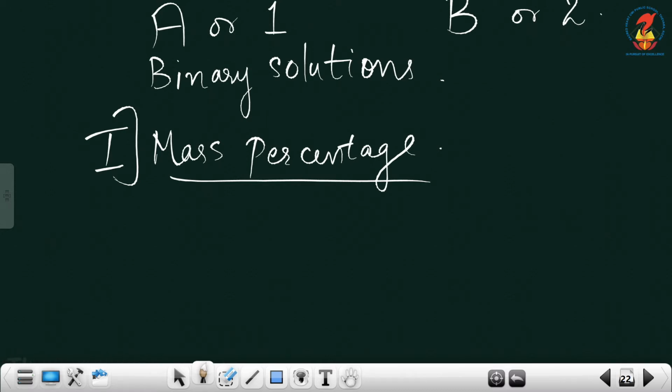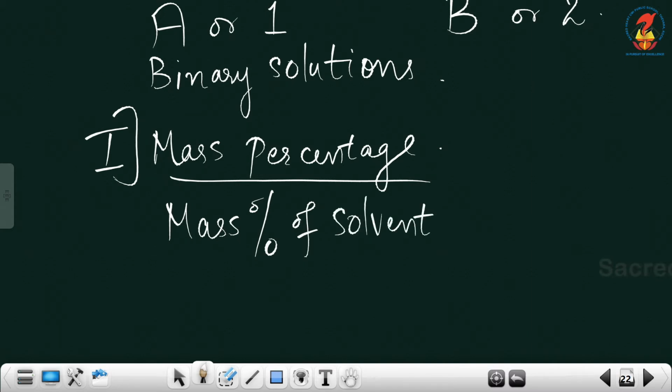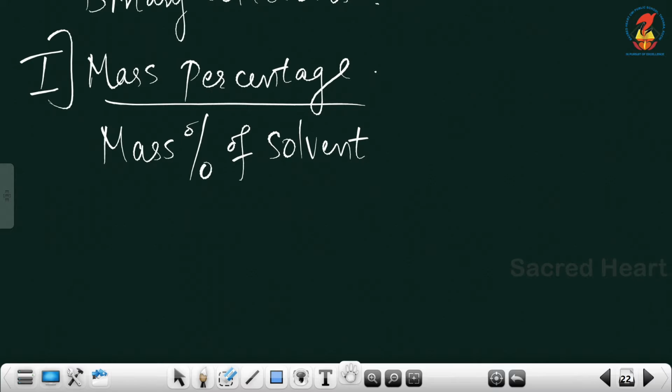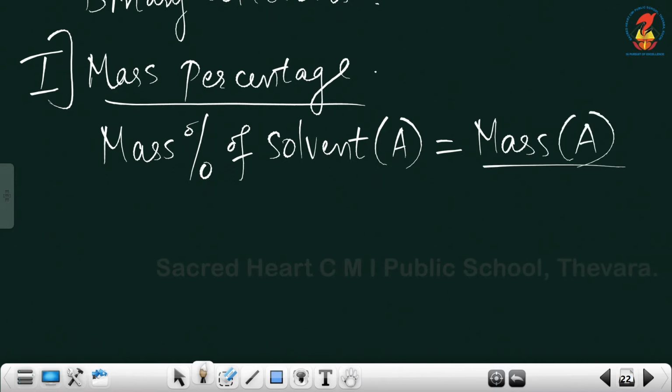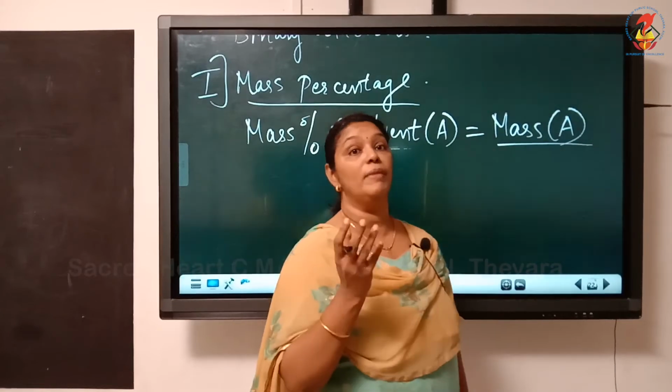Now, if you write the expression for mass percentage, suppose you are writing it for the mass percentage of solvent. Mass percentage of solvent, solvent is denoted by capital A, is equal to mass of solvent A divided by total mass of solution.